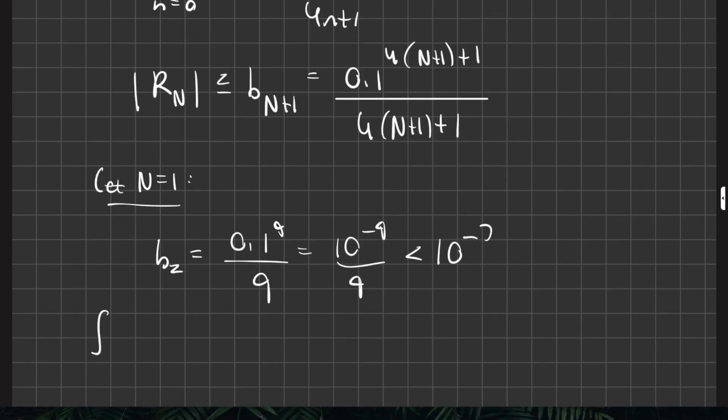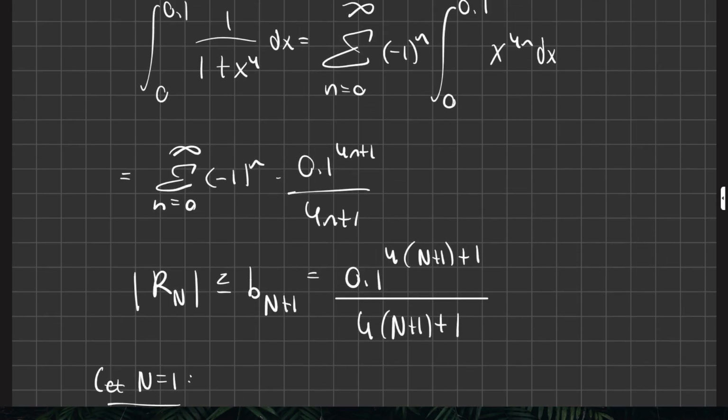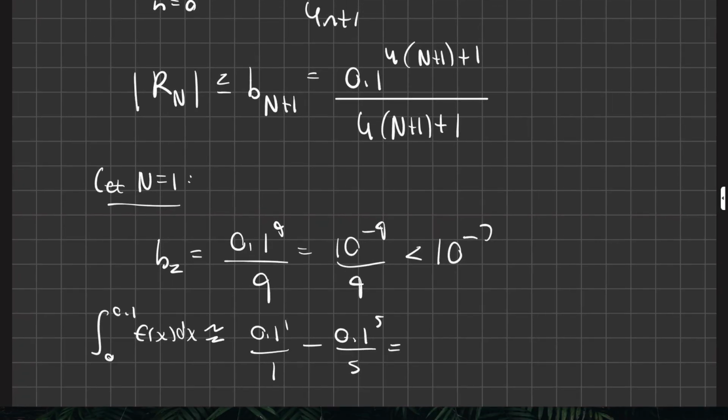So what's our approximation then? The integral from 0 to 0.1 of, I'm not going to rewrite the function again, we know what it is, is approximately 0.1 to the first power over 1 minus 0.1 to the 5th power over 5. Right, this is just the expansion of our series for 2 terms. And this gives us 1/10 minus 1 over 5 times 10 to the 4th.